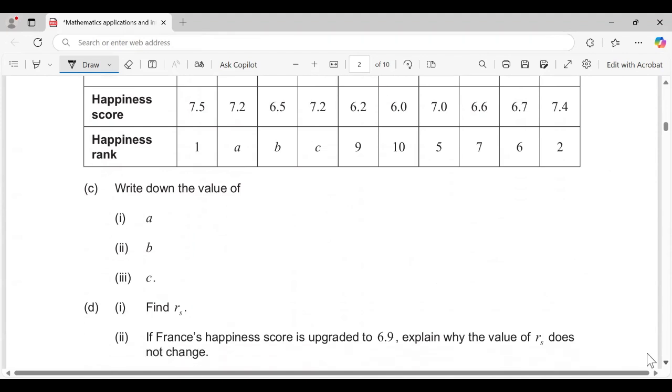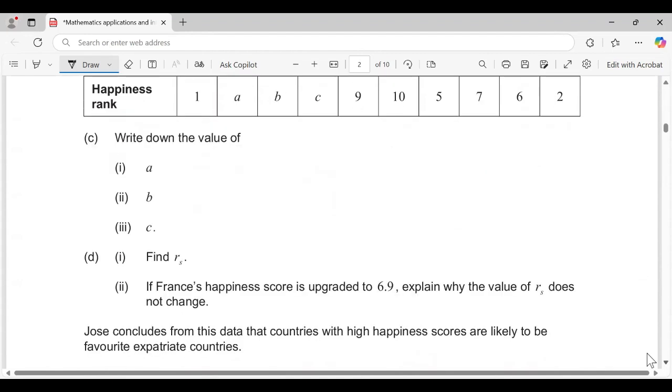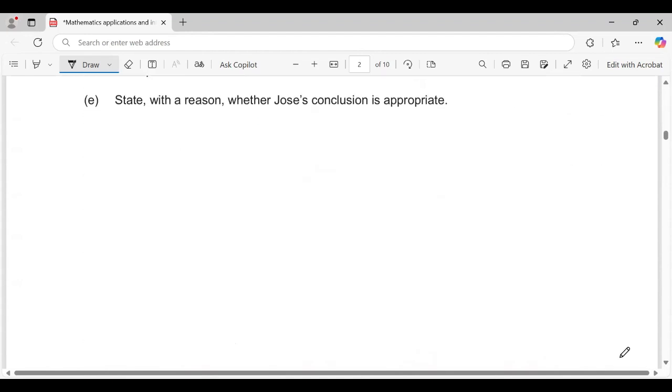The New Zealand happiness score is 7.2. This one, New Zealand.